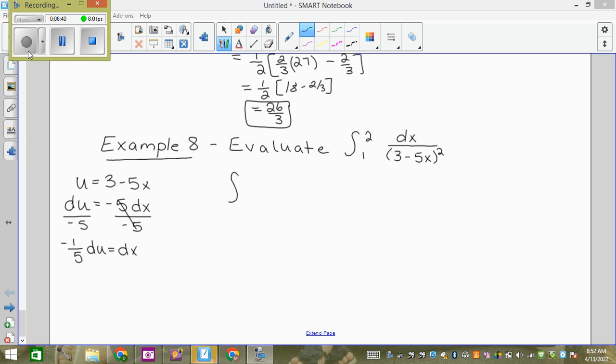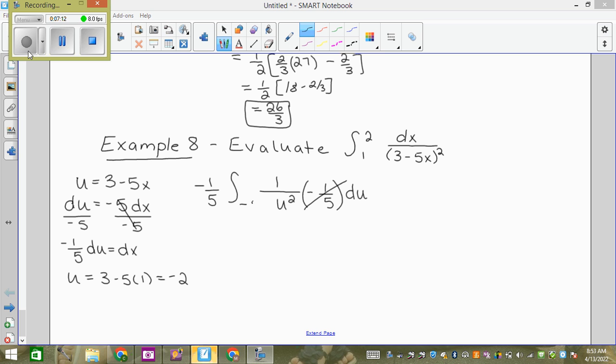So when I fill in the u's, I'm going to get 3 minus 5 times 1, which is going to be negative 2.